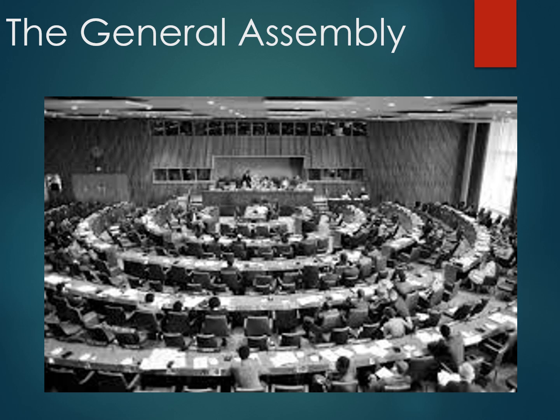Another way that this differed from the League was that the General Assembly and the Security Council would have their functions very clearly distinguished from each other. In the League, there was kind of an overlap about what both bodies could do, and it wasn't very clear who had responsibility for what. That was not the case here.